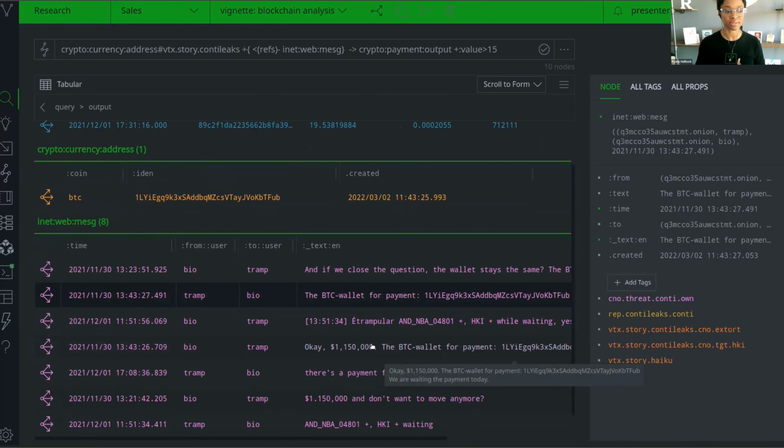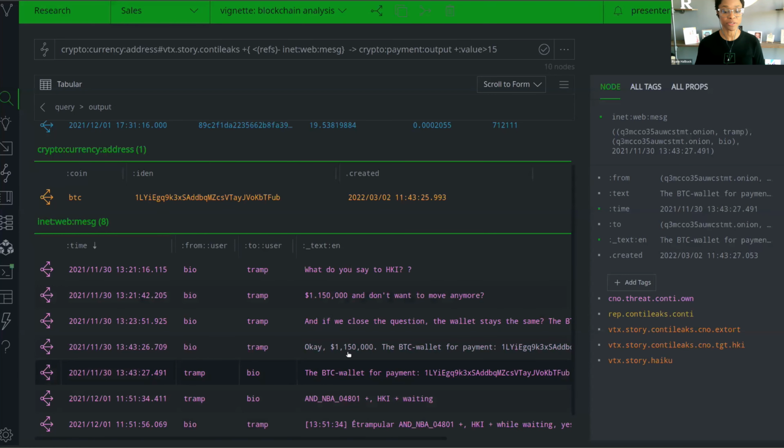Through our research, we've subsequently linked back some of the web messages that we've identified to be referring to this address, even if it doesn't explicitly list it. So let me sort by time here. And what you see is them referring to this address, and they specifically say that this $1.1 million needs to be paid to this address.